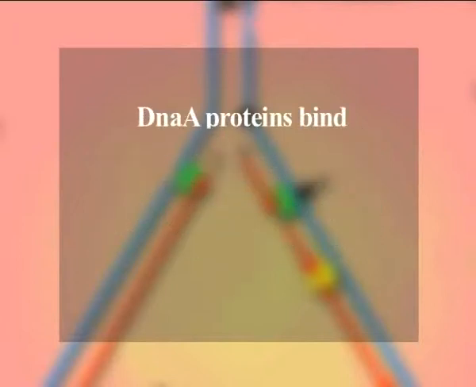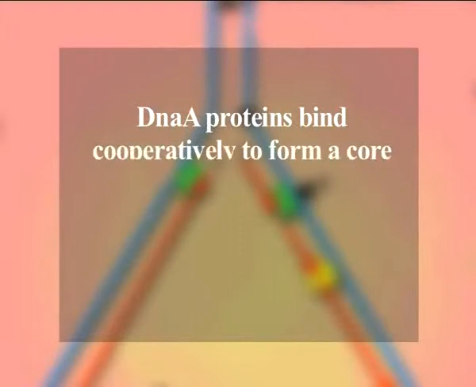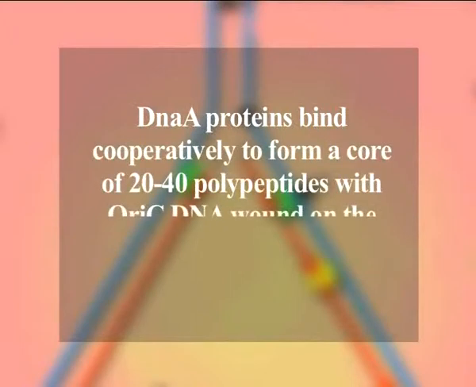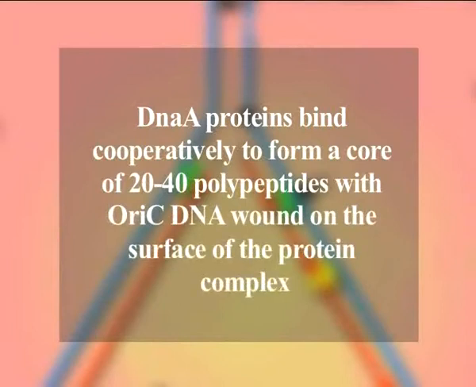DNA-A proteins bind cooperatively to form a core of 20 to 40 polypeptides with oriC DNA wound on the surface of the protein complex. Strand separation begins within the 3 tandem 13 base pair repeats in oriC and spreads until the replication bubble is created.